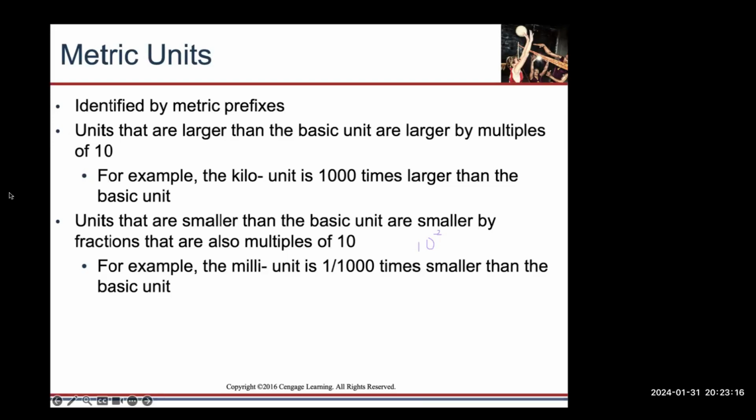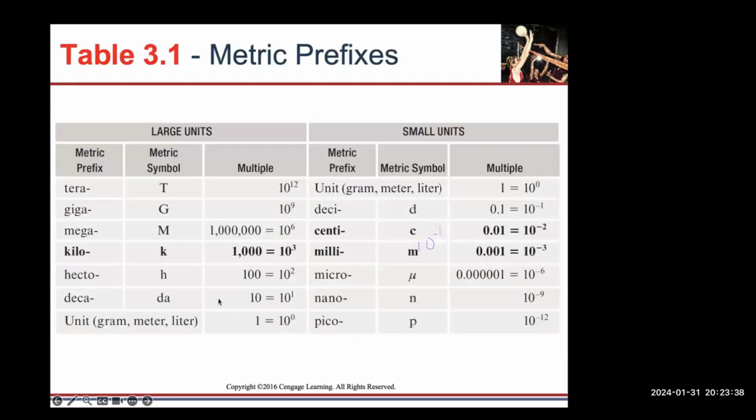I am really off today. Deci is 10 to the minus 1 unit, 10 to the minus 2 would be a centi. So we know deci would be 10 times less than our base unit. So a decigram would be 10 times less than a gram. And I'll show you this in another table here in a minute.